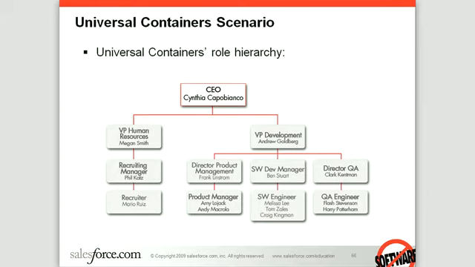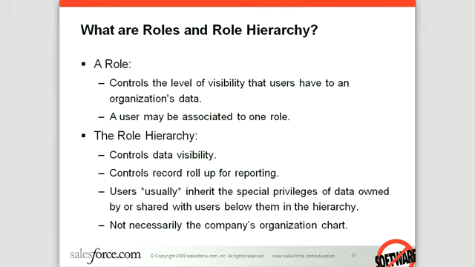So here, for instance, director of QA and the QA engineer, those are two separate roles, and then we would assign users to those roles. A user is a member of a single role. So the role hierarchy controls data visibility.